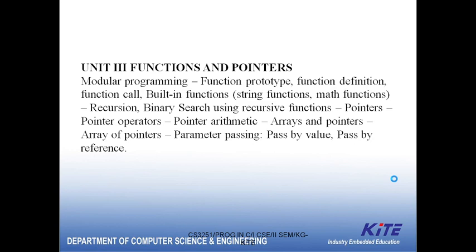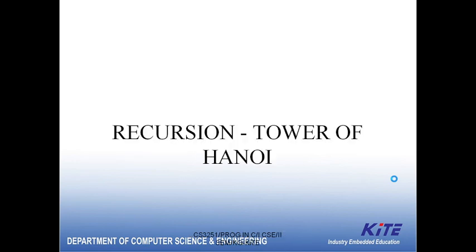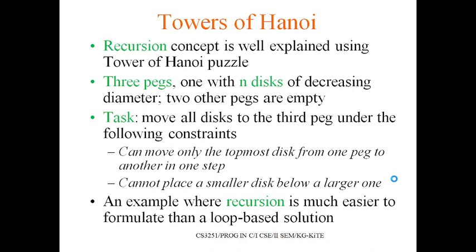The bigger problem is solved by dividing the problem into smaller ones and applying the same procedure to solve the divided problems, and finally those solutions will be combined together to provide the solution to the bigger problem which was split earlier. The recursion concept is always well explained using the Tower of Hanoi puzzle.